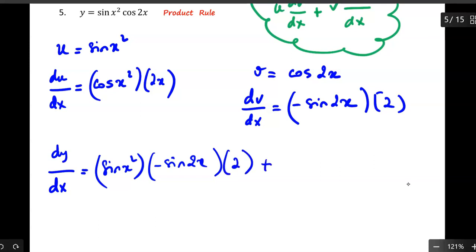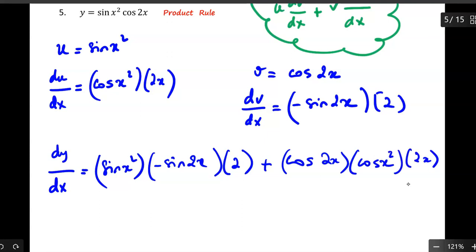And then I add that with v, which is cos of 2x, multiplied by the derivative of u as a function of x. So I should have cos of x squared times 2x.